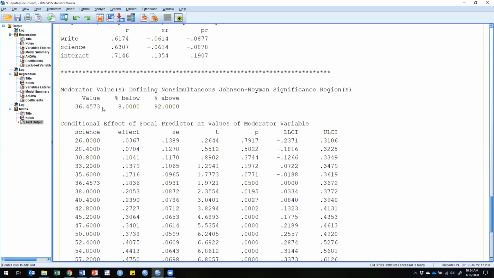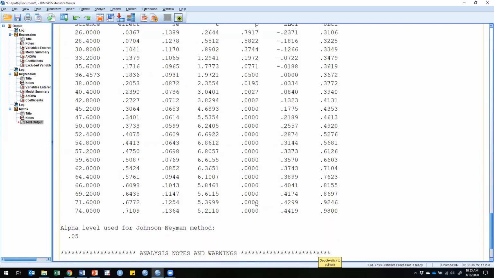And right here, it tells you that at values of science at 36.4573 and higher, the conditional effect of writing on math scores is statistically significant. Notice that when we get to this value, this is where the p-value flips from non-statistically significant to statistically significant.